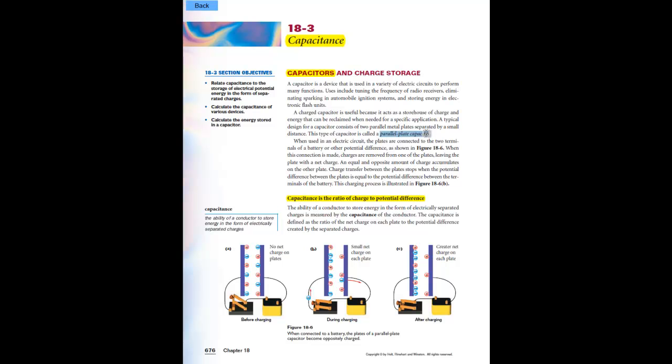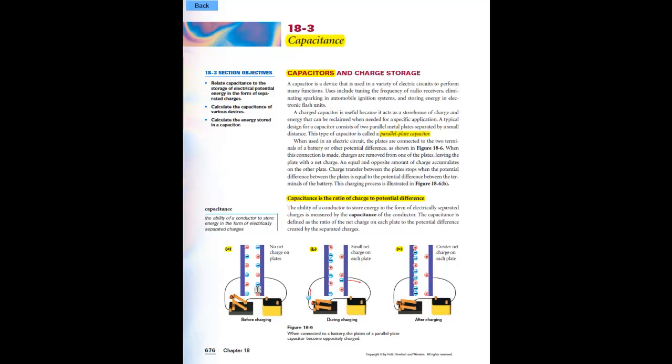And the simplest was a parallel plate capacitor. In a parallel plate capacitor, which A, B, and C over here are all examples of, I have just that: two parallel plates. Two conducting plates that are separated by a gap with some form of insulator. Could be air, could be something else.